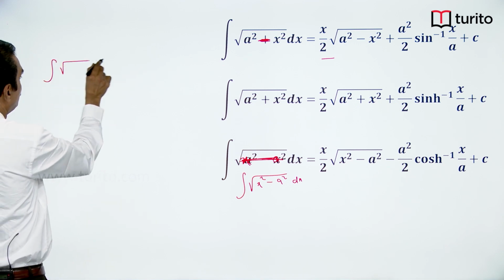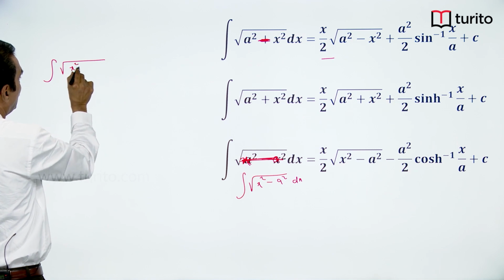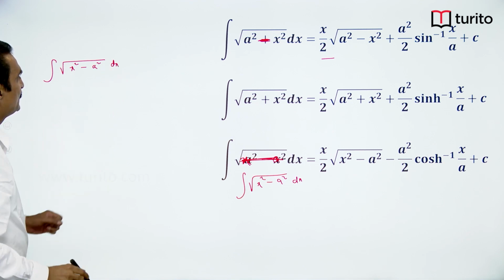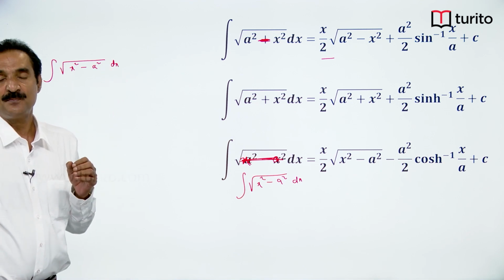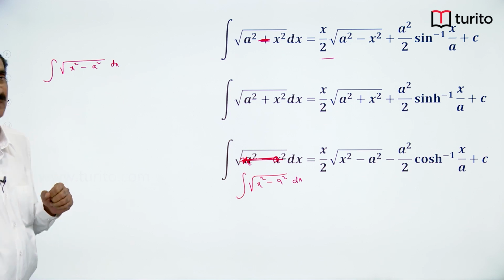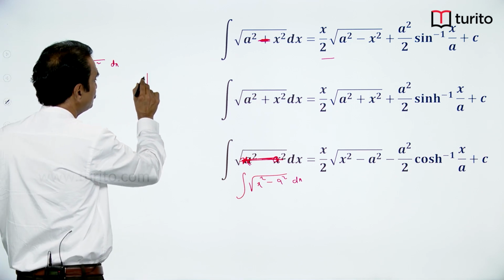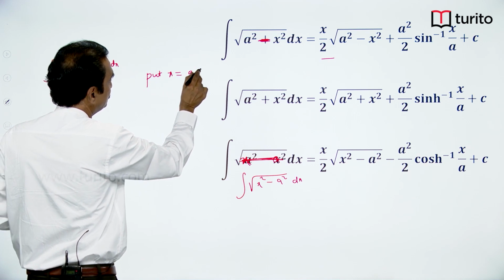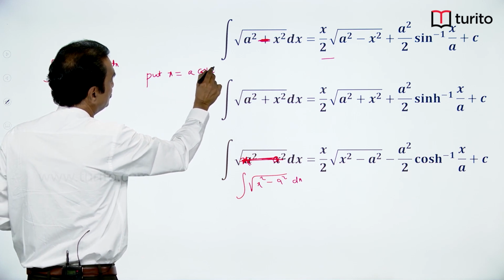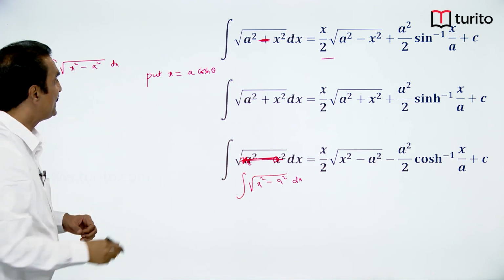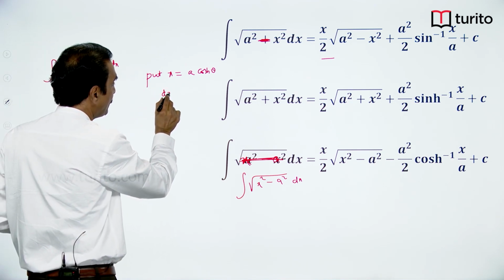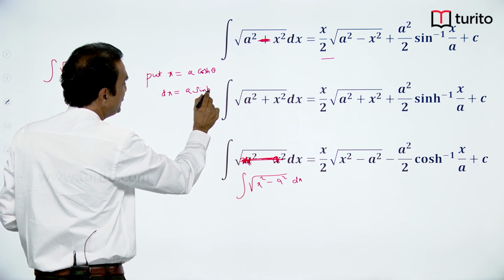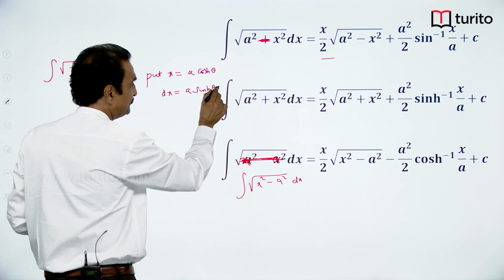Okay. Integral root over x square minus a square dx. What is the substitution? Put x is equal to a cos h theta. Then dx is equal to a sin h theta d theta.